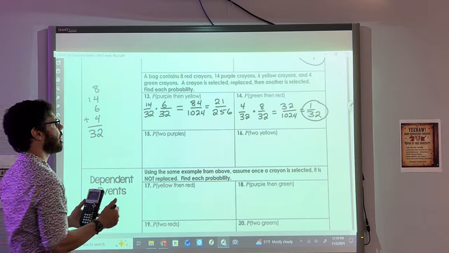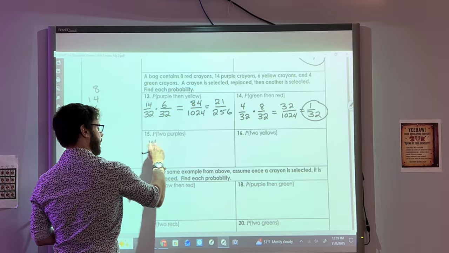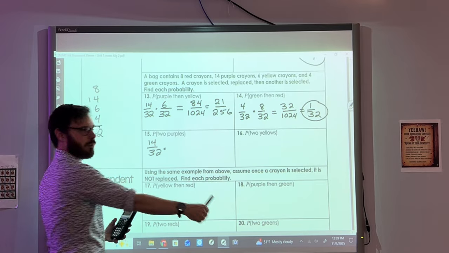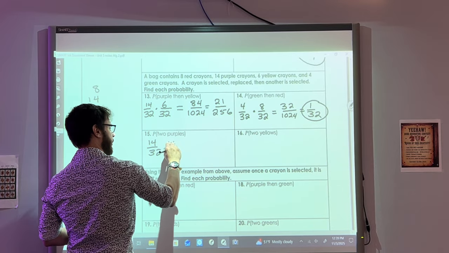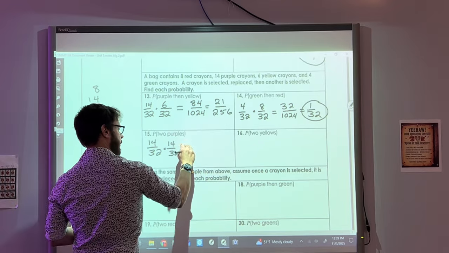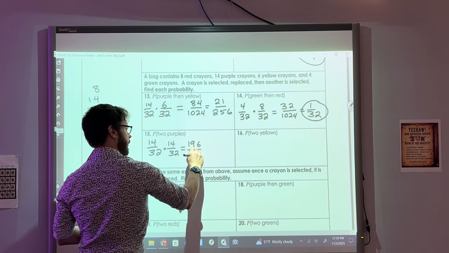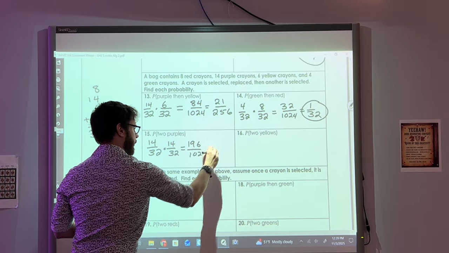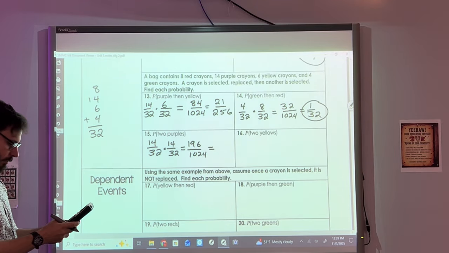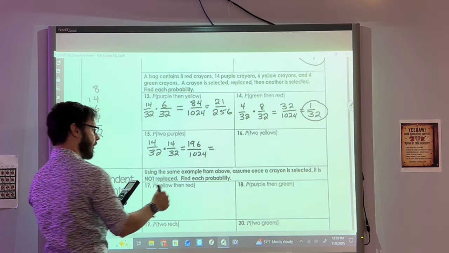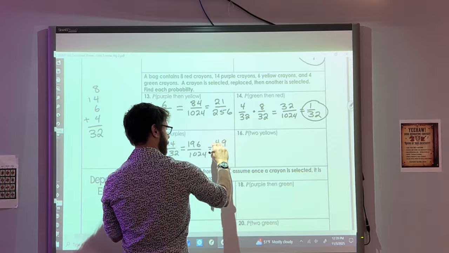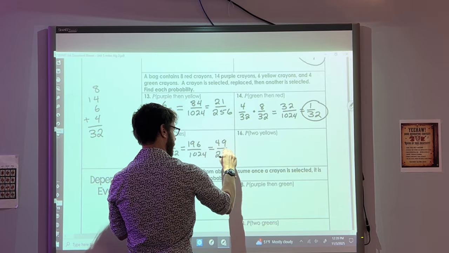Okay, 2 purples, a purple and a purple. Well, there's 14 purples. And remember, I'm pulling that crayon out and then putting it right back in, so I still have 14 shots. 196 divided by 1024, math, enter, enter, 49 over 256.